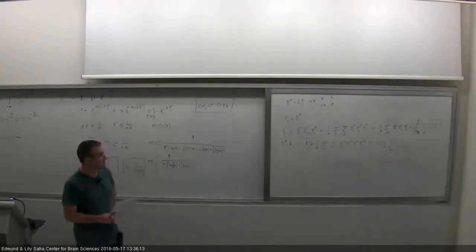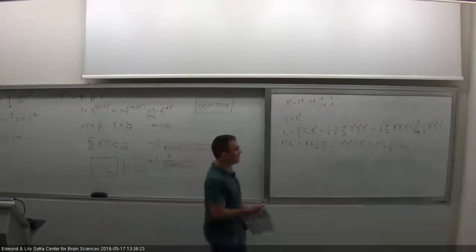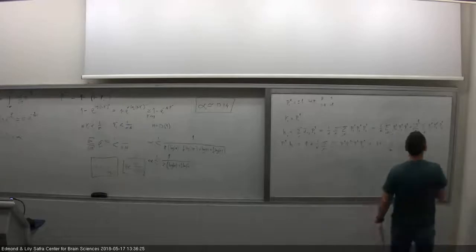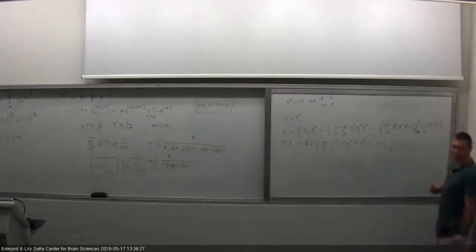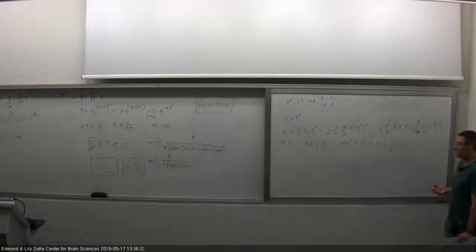What can you say about the distribution of this sum? It's a sum of independent elements. All these are independent elements. So it should be normally distributed, as before.